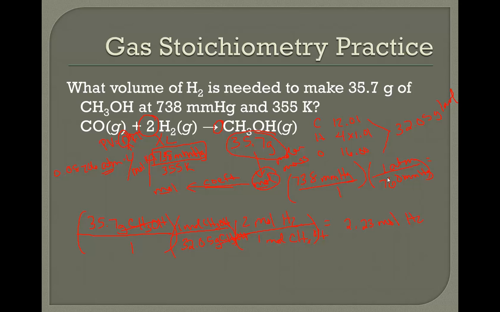That brings us to 0.971 atm. So in PV equals nRT, our P is 0.971 atm. Our V is what we're looking for. n is what we just solved for, 2.23 moles. R is 0.08206.